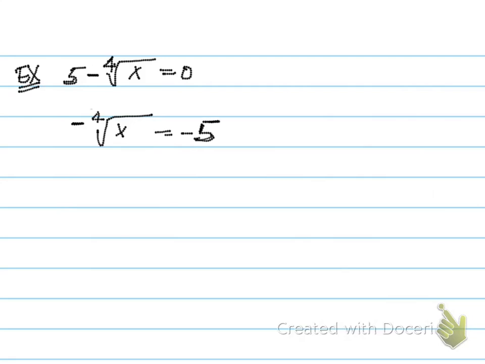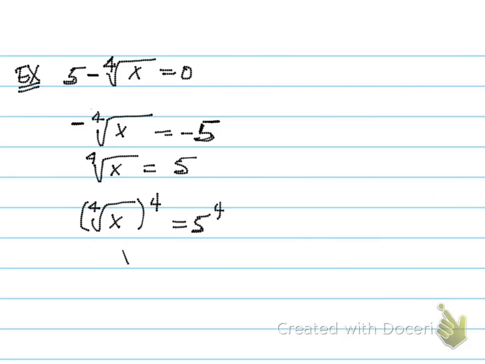So by the time you get the fourth root isolated, you have the fourth root of x equals positive 5. You're going to raise everything to the fourth power. The fourth root of x to the fourth, of course, is just x, and 5 to the fourth is 625.